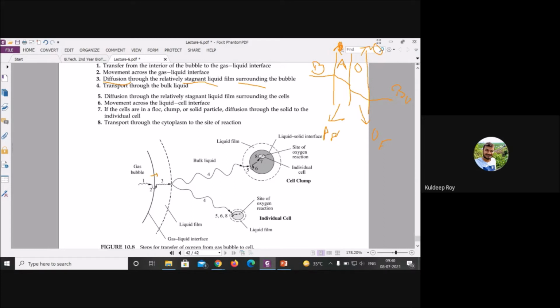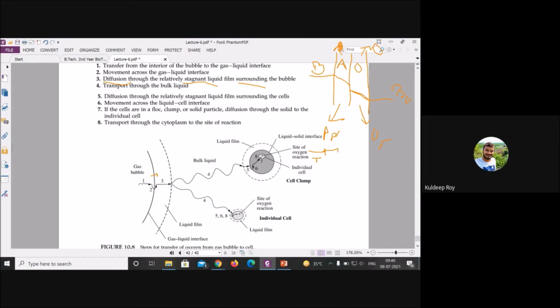And here we were claiming that if the transport occurs from organic to this location, it will cross in this direction. The same thing will happen here: there will be turbulence, but here diffusion will occur. So we have made one resistance diagram also. This region we have discussed as turbulence.